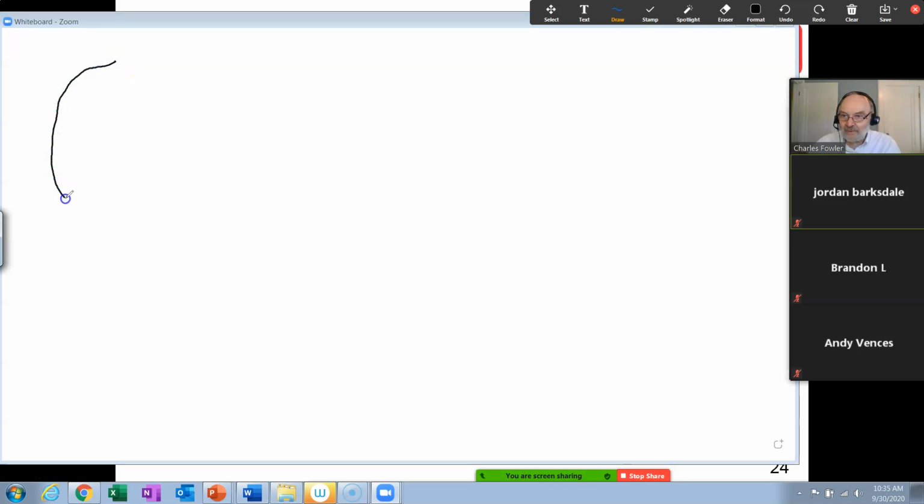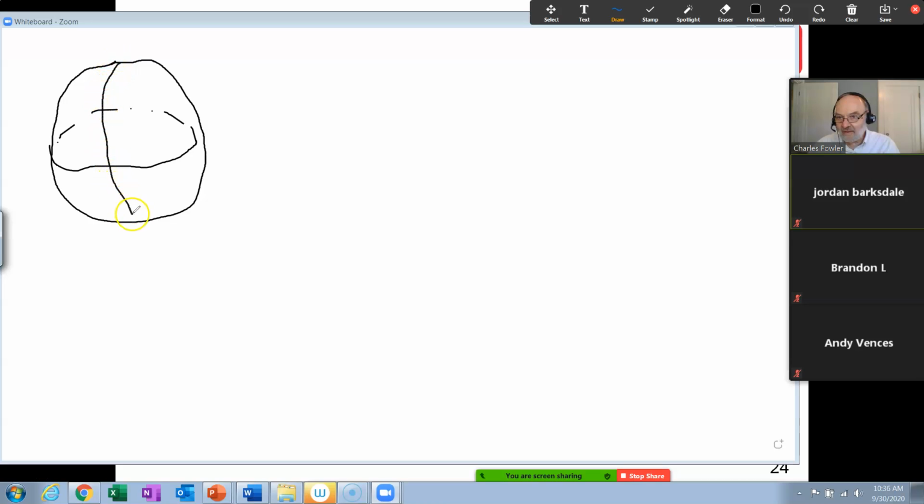So here will be my rendition of a sphere. Just picture that as having a radius that goes like this and also like this. Okay, that's getting uglier all the time.